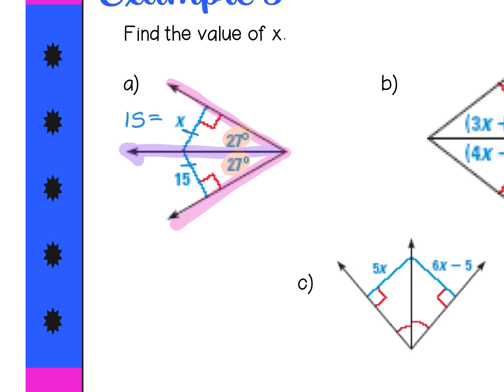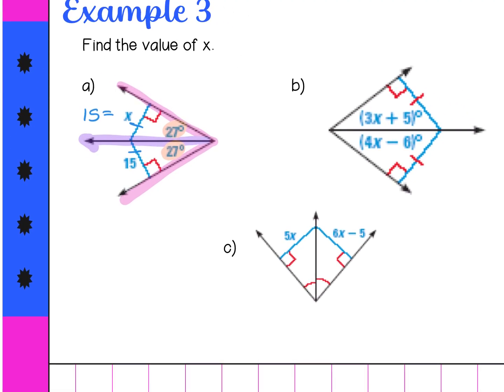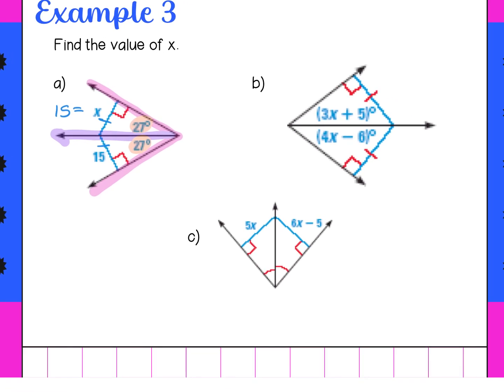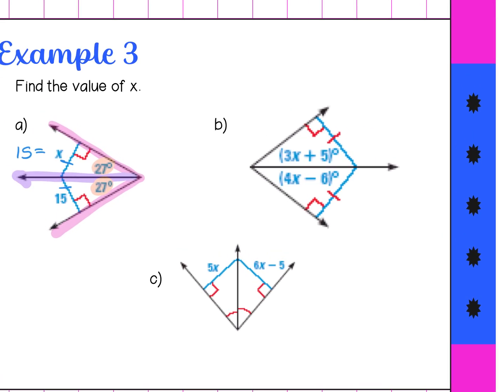For B, I'm going to use my angle bisector converse. Because I've got the right angles and the two congruent segments that are equidistant from the sides of the angles, I know that these are two congruent angles because this angle was bisected by this ray.